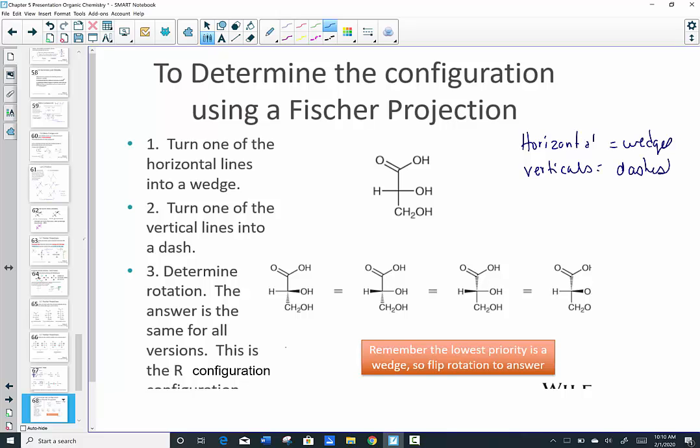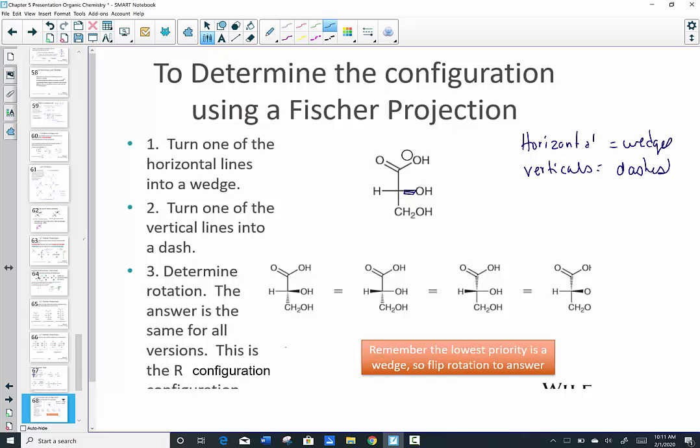We're just going to select one of the horizontal and make it a wedge, and we'll select one of the two verticals and make it a dash. And it absolutely does not matter which one of those you turn into the vertical line as a dash or a horizontal as the wedge, because you're going to get the same answer either direction.